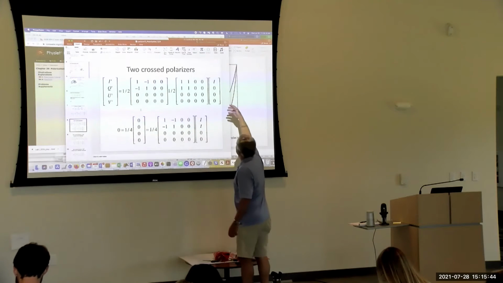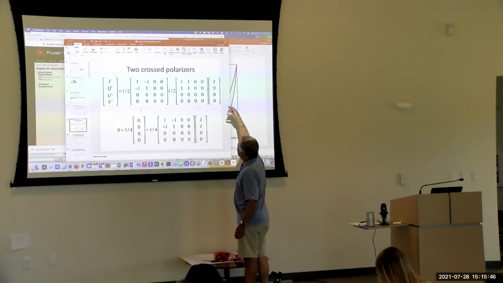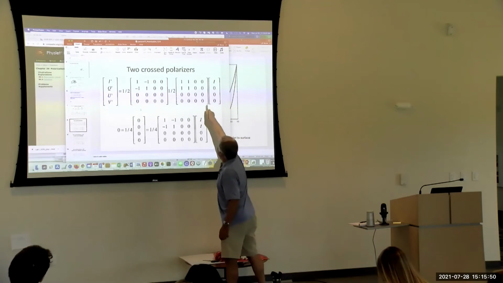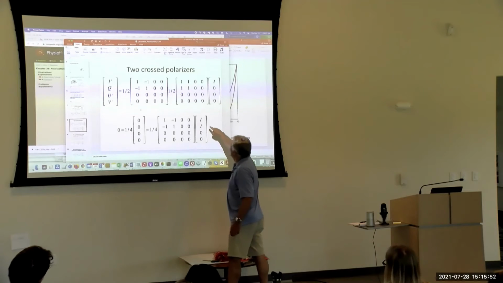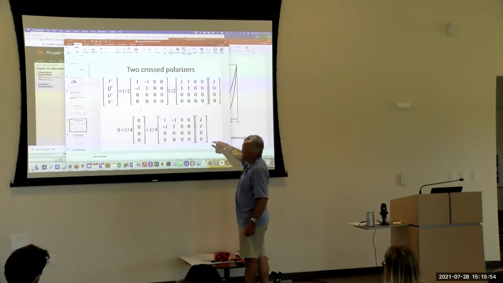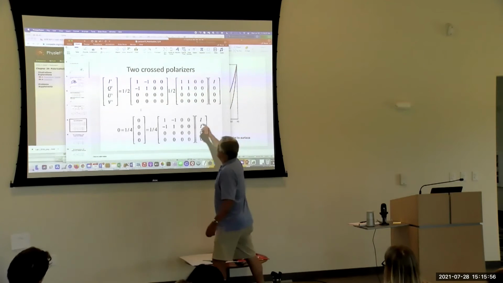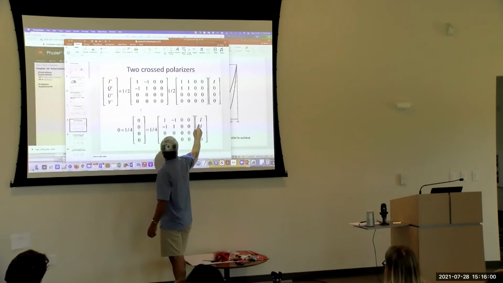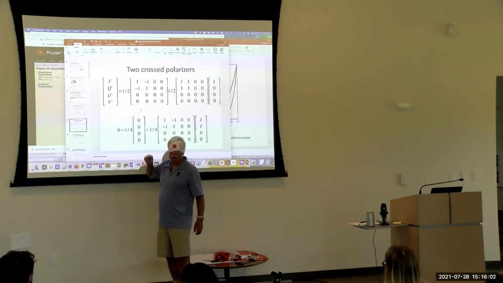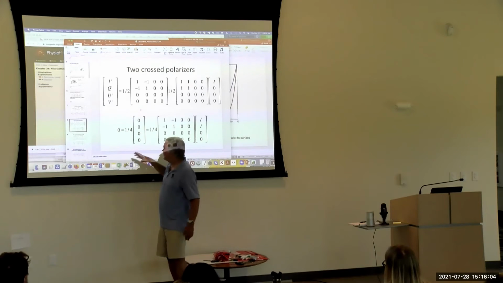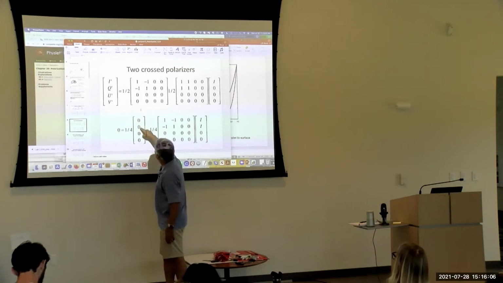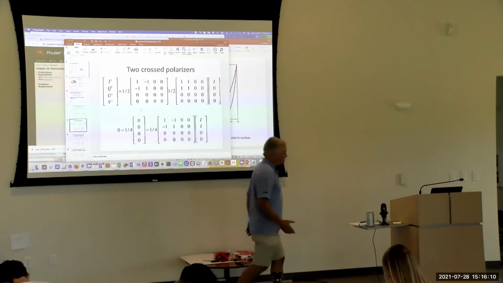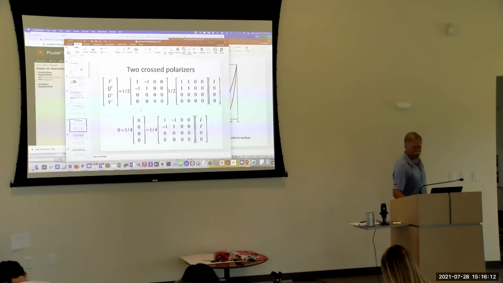You start with unpolarized light in this case and multiply it by this first Mueller matrix. You end up with I, I, 0, 0. You multiply it by the next one, so you get I times 1, I times minus 1. Add those together, what do you get? 0. So you get 0, 0, 0, 0. You have no light through when they're cross-polarized.